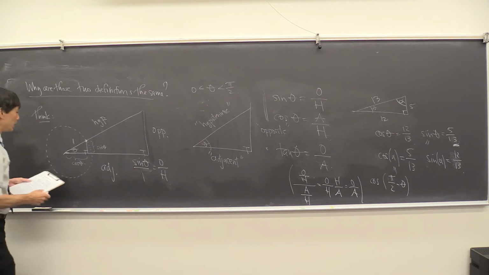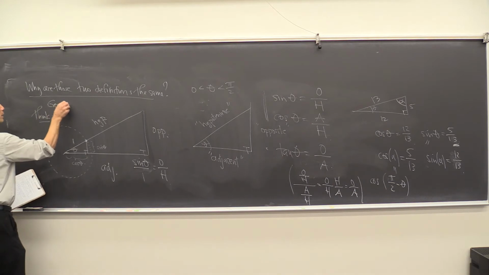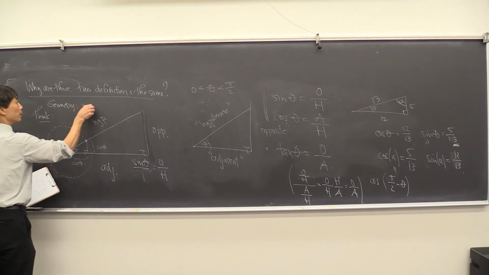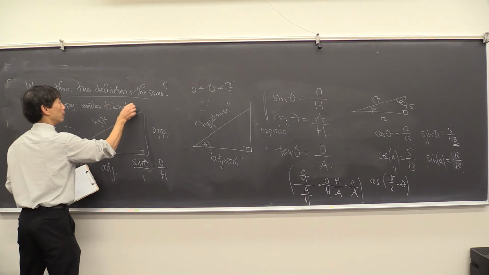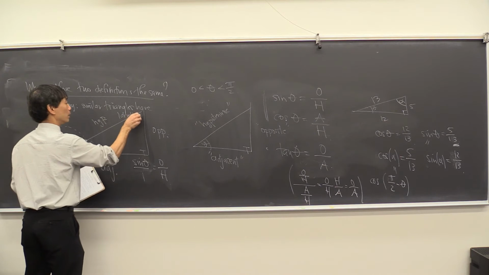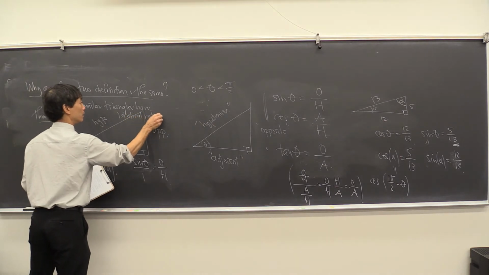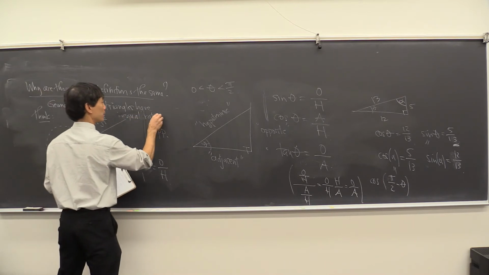This is the point from geometry. Geometry tells you that similar triangles have equal ratios of side lengths.